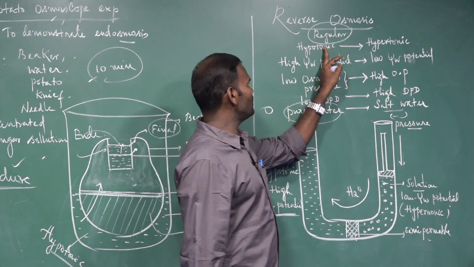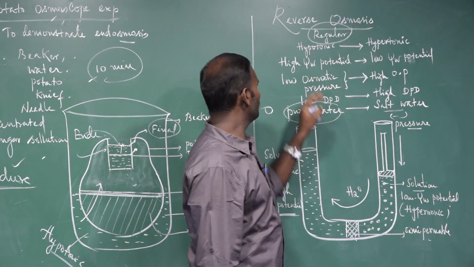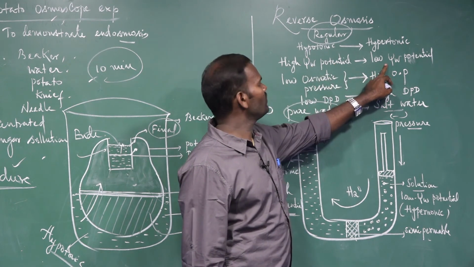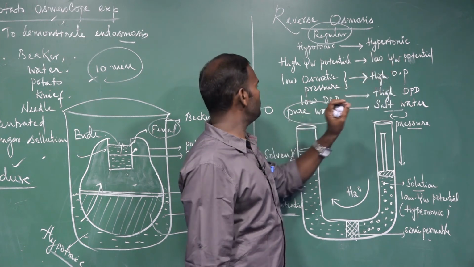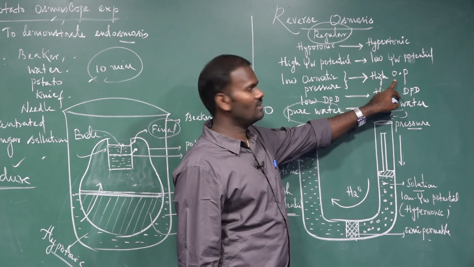So, in regular osmosis, water molecules move from hypotonic to hypertonic, that is from high water potential to low water potential. Always a solution has a low water potential. Movement is from low osmotic pressure to high osmotic pressure.